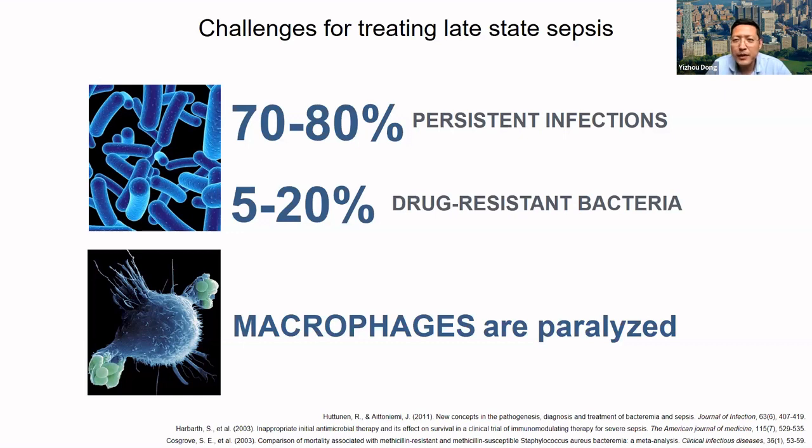For those septic patients, researchers found that their immune systems are significantly paralyzed, especially their macrophages, and monocyte numbers are much lower than the normal range. For the past decade, no new effective treatments have been approved by the FDA. So we are wondering if we can design some new strategies to address this deadly disease of bacterial infected sepsis.